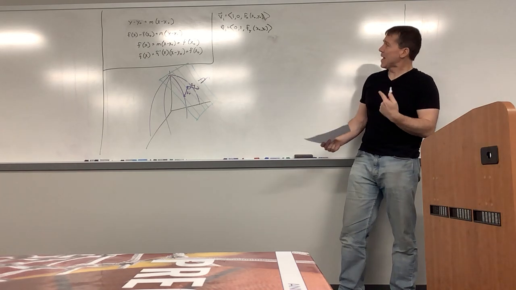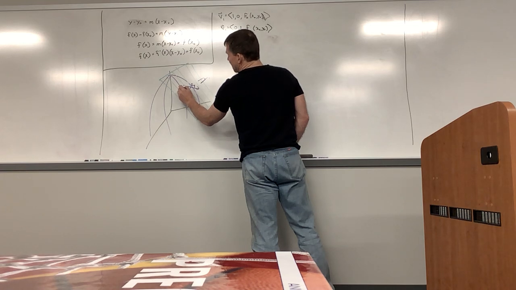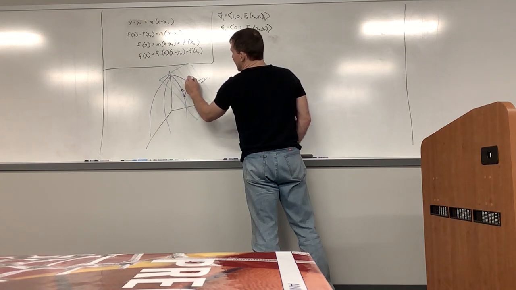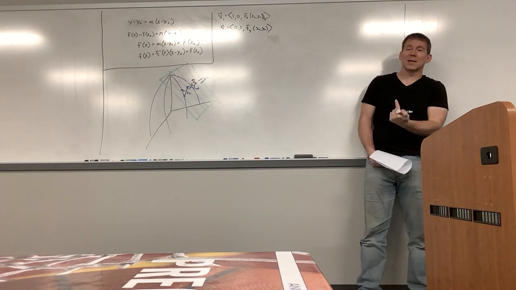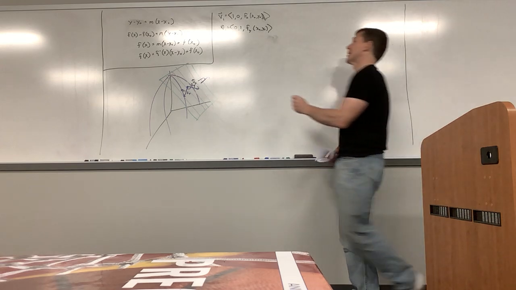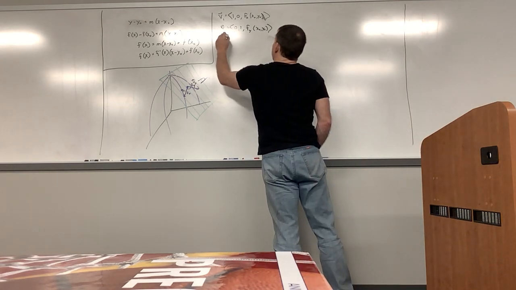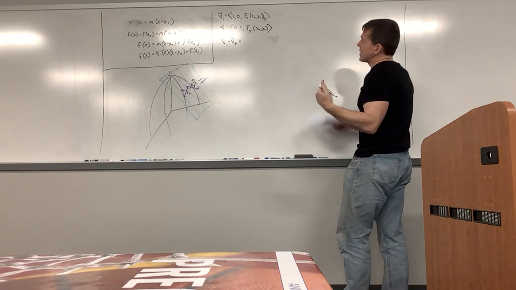But now I have those. This will be v sub 1. This will be v sub 2. I know those will be orthogonal. To get my normal vector to the plane, I just take their cross product. So I do v sub 1 cross v sub 2. And all of you know how to take cross products.